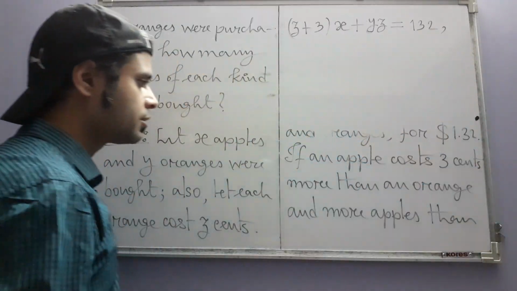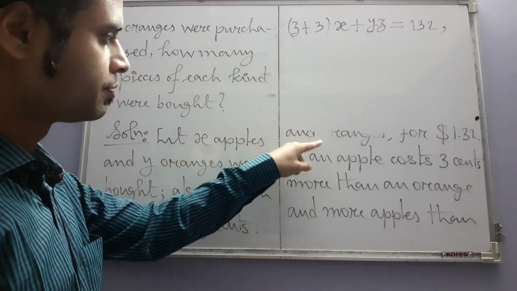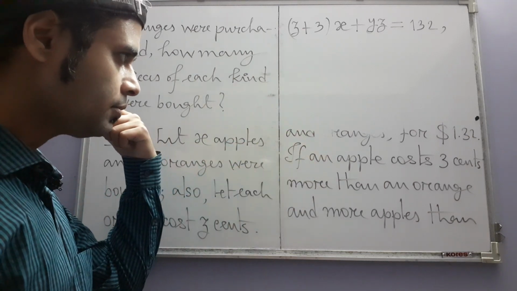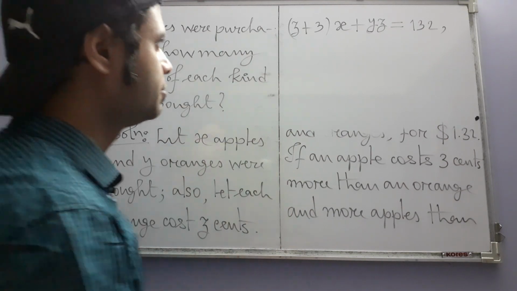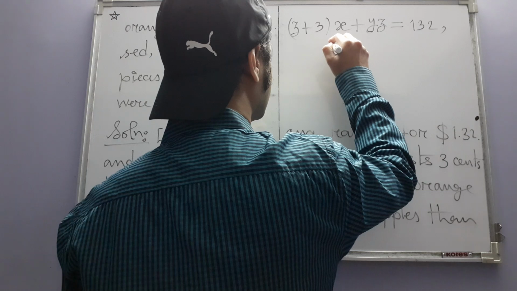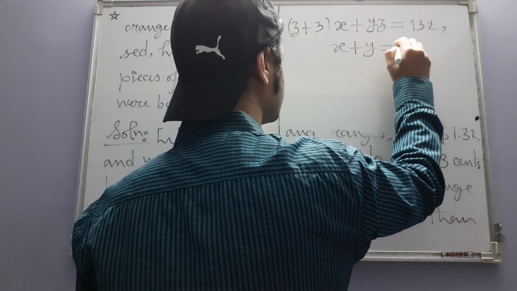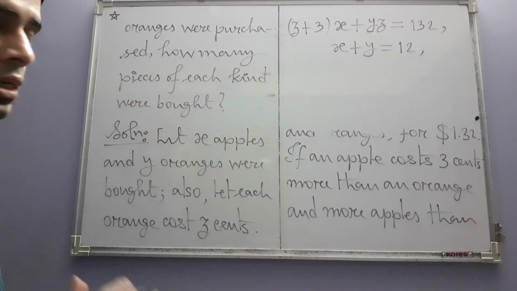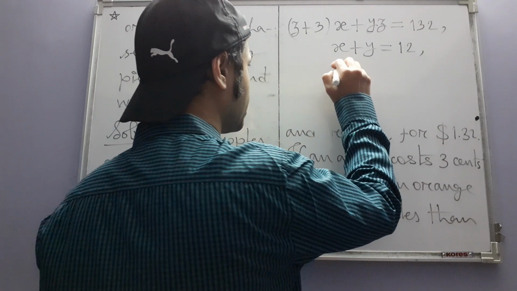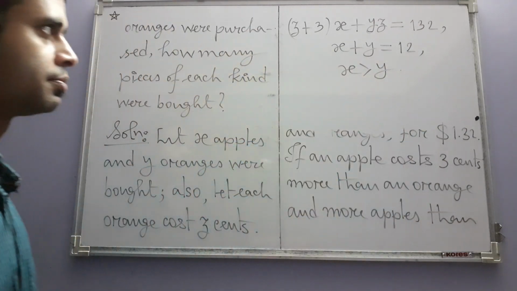The other equation that we have, and which in fact comes even before this, is that a dozen pieces of fruit have been purchased. So that means the total number of apples and oranges should be equal to 12. This is the other equation, but there is an inequality also. More apples were bought than oranges.